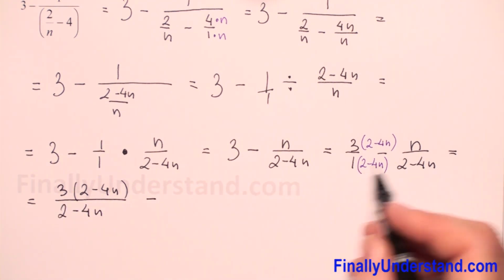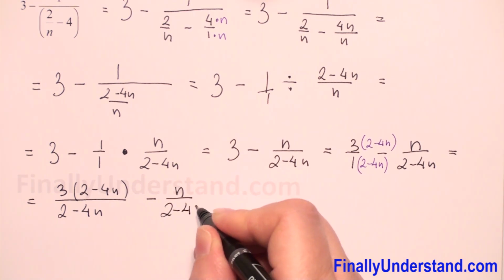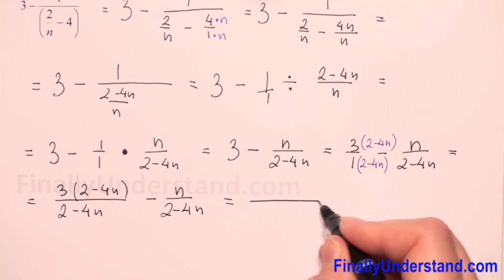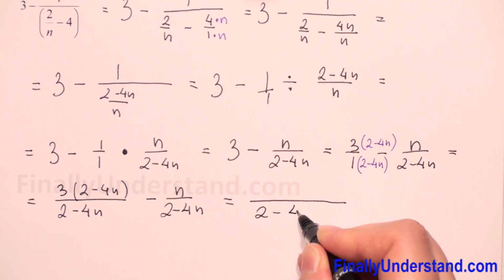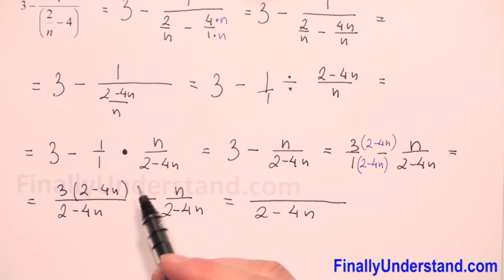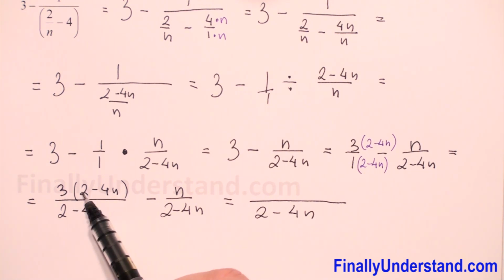And we have minus, and we copy the second fraction. So now when we have the same denominators, we copy the denominator, and we subtract numerators. And I will do multiplication, because for parentheses I have 3, so I have to multiply by 3 every expression in parentheses.